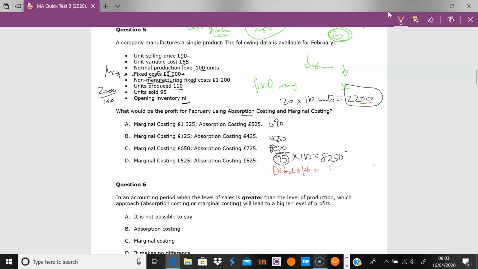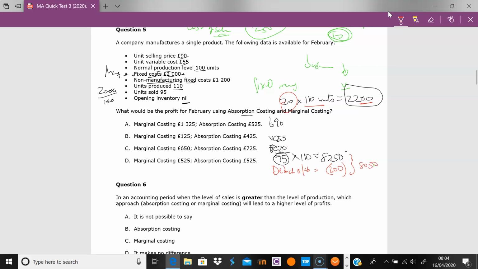That overabsorption is 200 because I've put in £20 for 110 units that I've produced. I'm going to have to deduct this 200 from this 8,250 to get the real cost of sales, which is therefore 8,250 minus 200, which is 8,050.